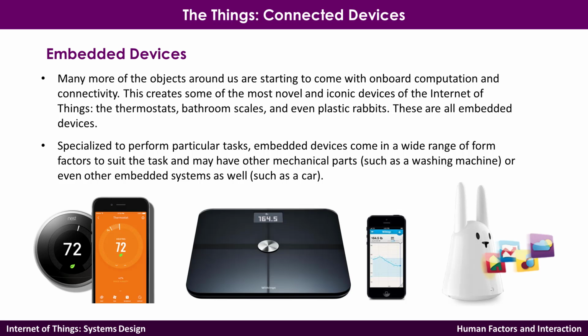Most of these embedded devices are specialized in performing one or a few different tasks, but they are very much specified or optimized to perform these tasks in the best possible way.